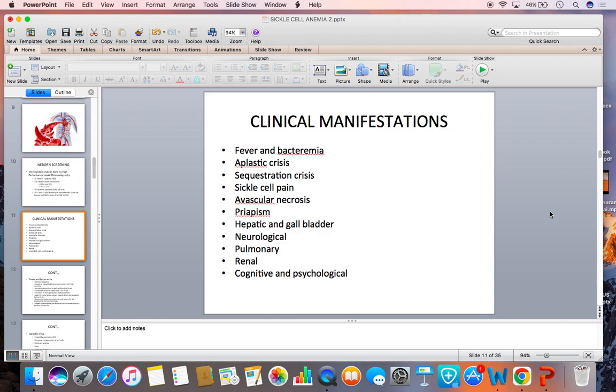Sequestration crisis. Splenic sequestration crisis is the next most common presentation with abdominal pain, enlarging spleen, and sudden drop in the hemoglobin level, and the patient may go into shock.